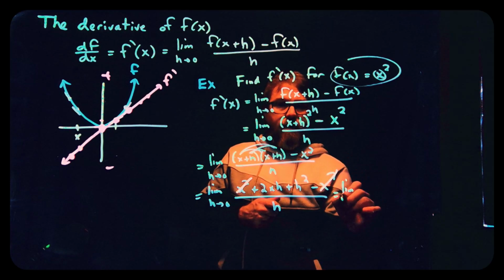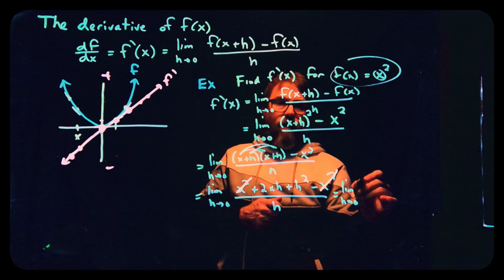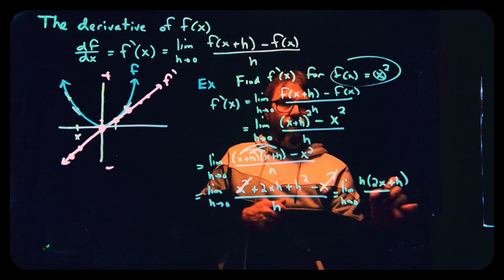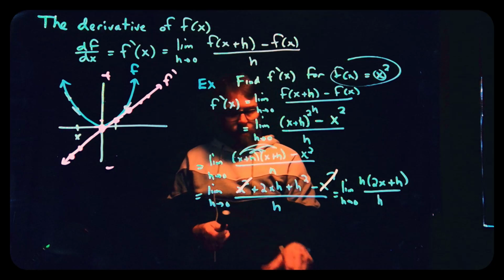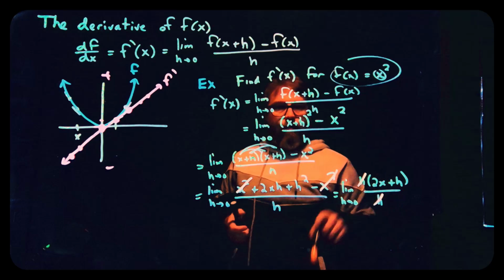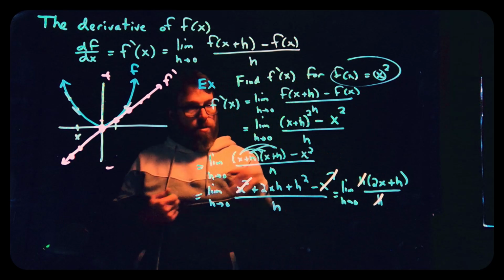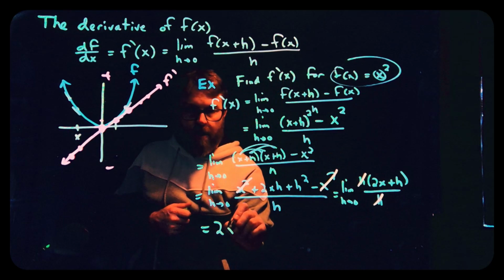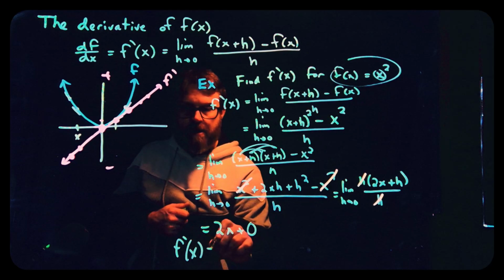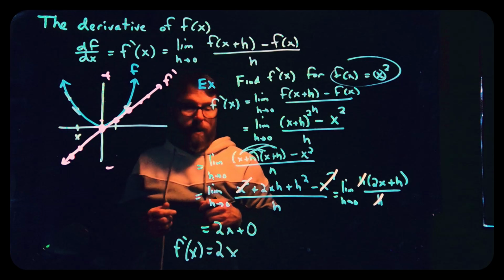So the limit as h goes to 0 of h times 2x plus h all over h. And now those h's cancel. And now this function is defined at h equal to 0, so I can plug in 0. So this is 2x plus 0, which means f prime of x is equal to 2x.